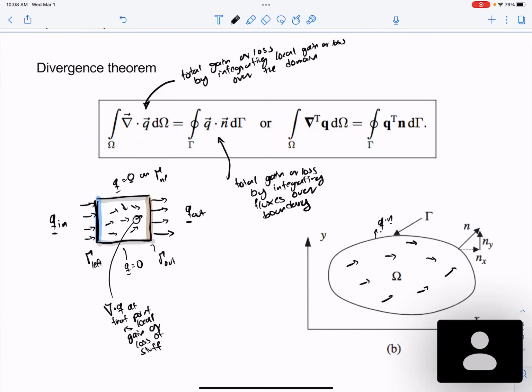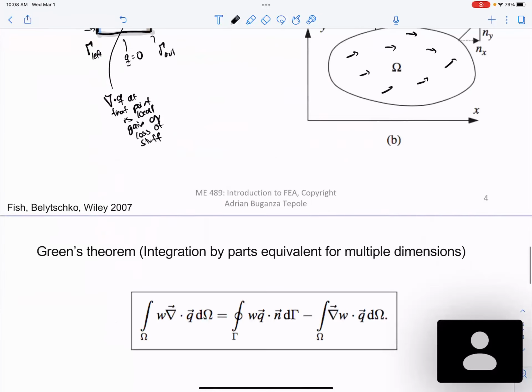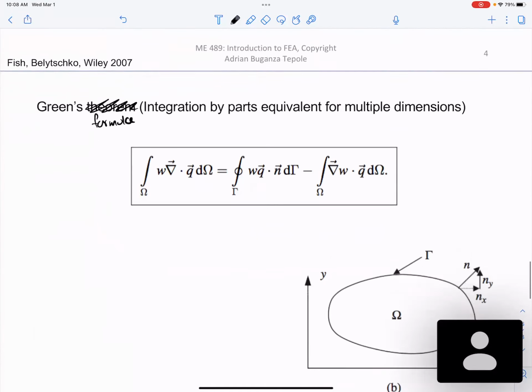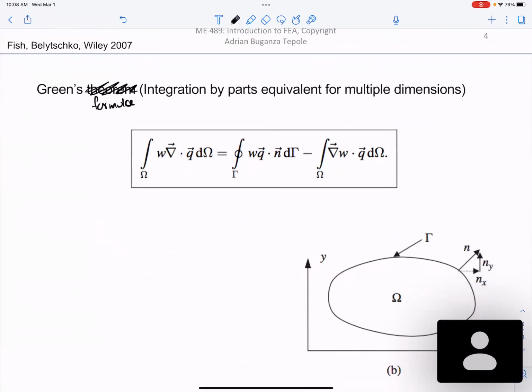That's it. So there's Green's theorem, there's the divergence theorem, and then out of this you can derive, and this is in the book, by the way, what should not be called Green's theorem, but is called Green's formula. This is basically integration by parts in any dimension, actually.